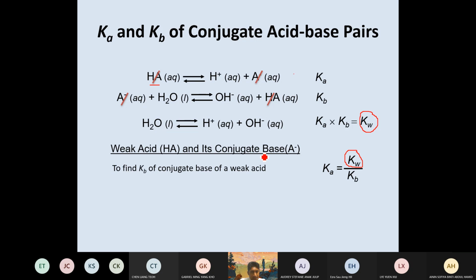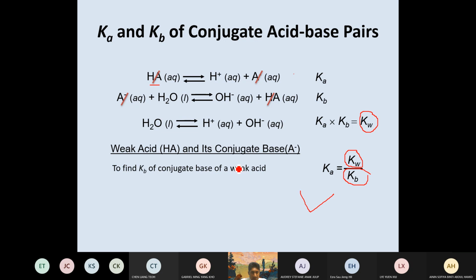But if Ka or Kb is given, we can always find the other one from this equation.